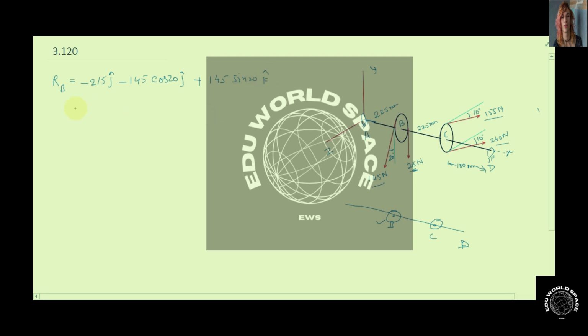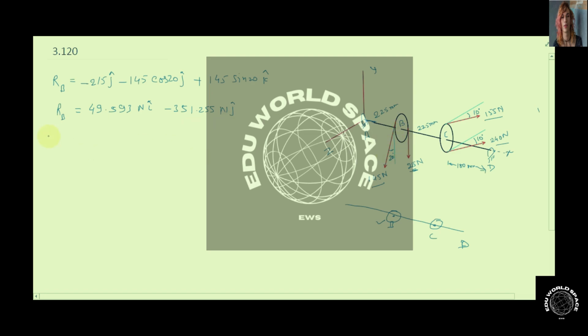This comes out to be 49.593 Newton I cap minus 351.255 Newton J cap. So this was the equivalent force at point B.